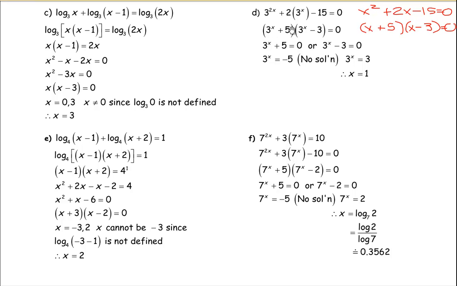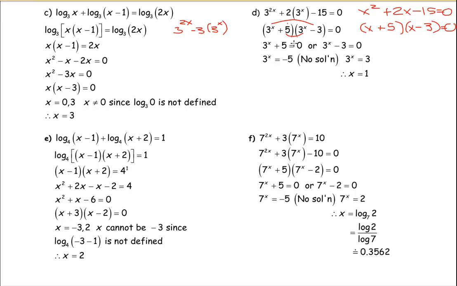Just to check that this does expand out to give you this, 3 to the x times 3 to the x would be 3 to the 2x. And then if you multiply, well, actually, let's do this one next. That would be a minus 3 times 3 to the x. Now, it is possible to combine those together, if you're noticing that, but I'm not going to do that.